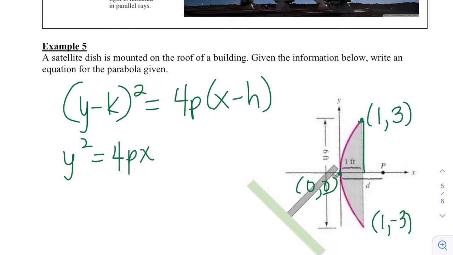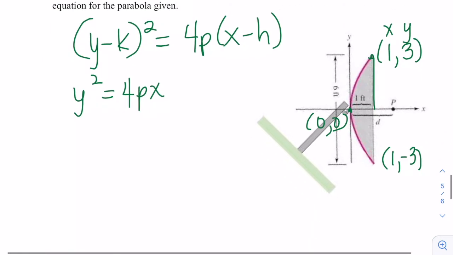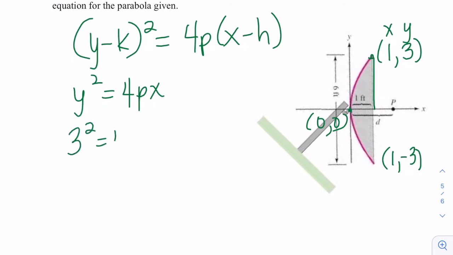We do know points on the parabola, we have 2 points. So I'm going to substitute the values (1, 3) into the equation. So we have 3 squared equals 4p times 1. We can solve for p, and that will be 9 over 4.